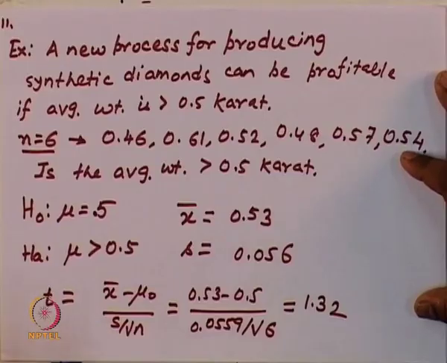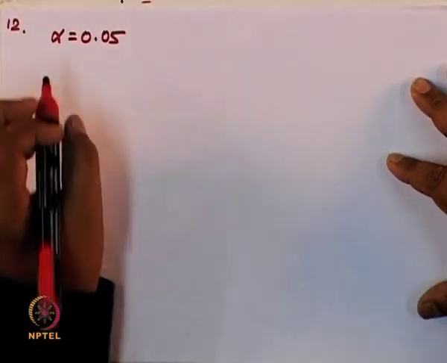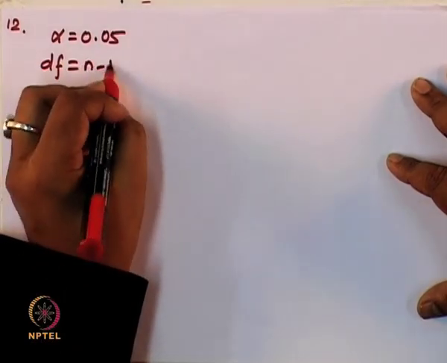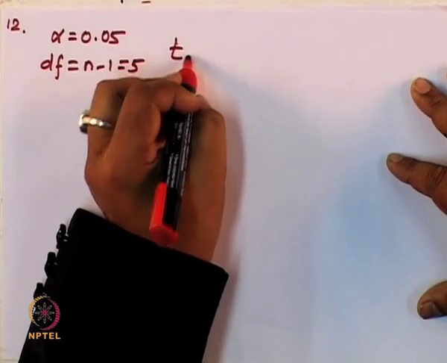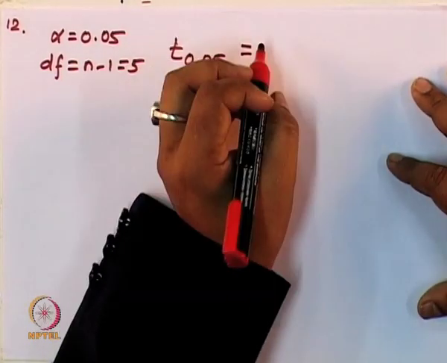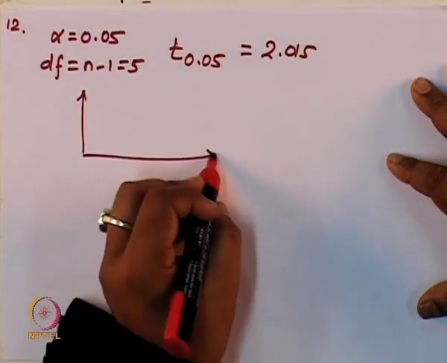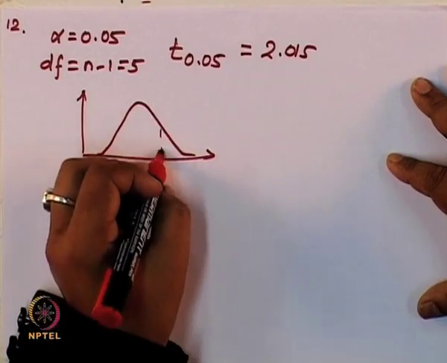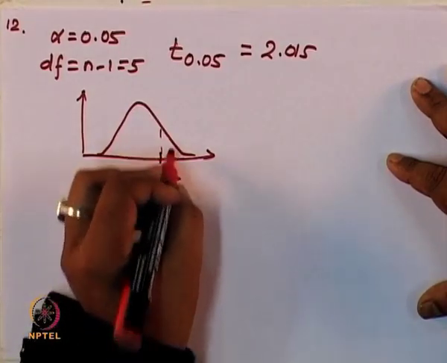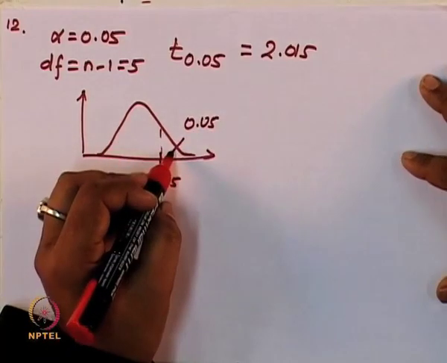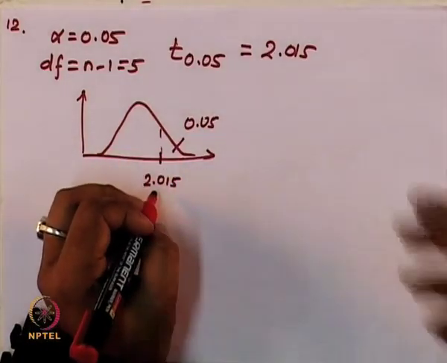Now, if I were to use alpha equal to 0.05, and corresponding to df equal to n minus 1 equal to 5, I can look up the t table to know that t at 0.05 is 2.015. If I were to draw this, corresponding to this you have t as 2.015.